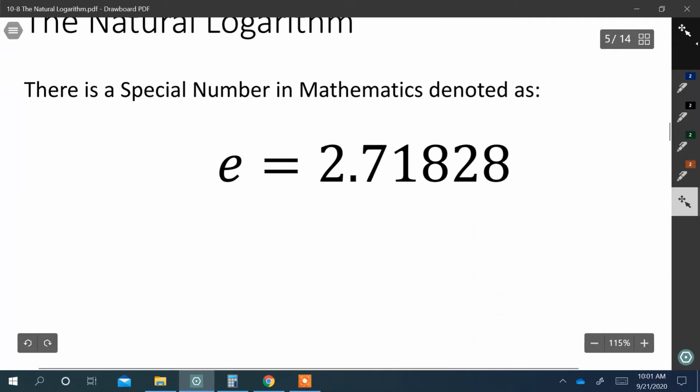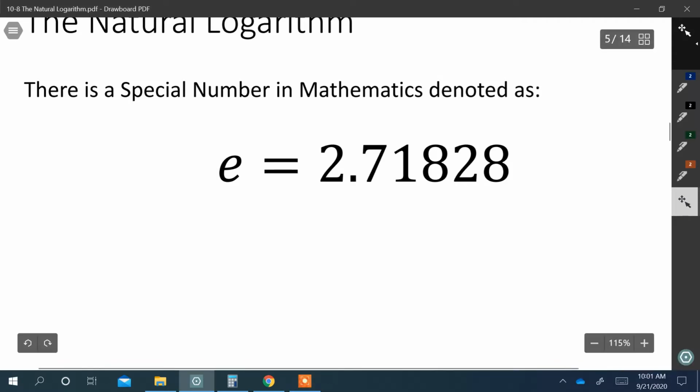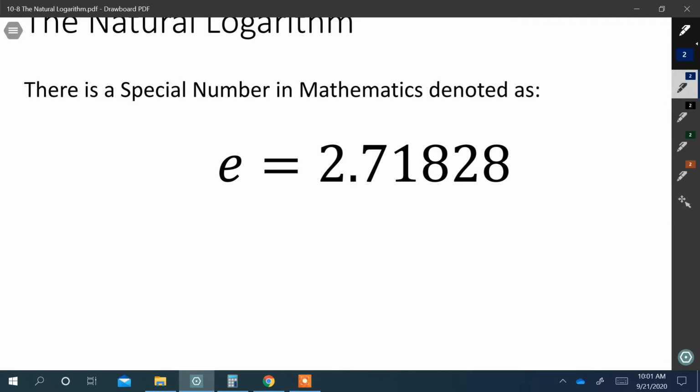The special number e is equal to 2.71828. That is the number. There's nothing magical about that number except that it does seem to appear in many applications, and it seems to appear in the natural world as well.